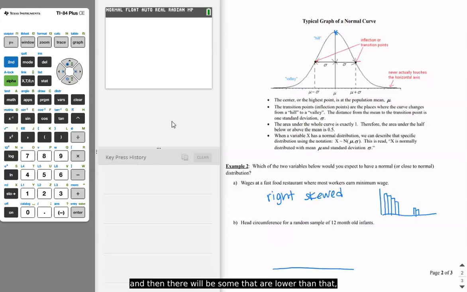And then there will be some that are lower than that, some that are higher than that. So my random sample of these head circumferences would look something like this, where you'd have that symmetric distribution, this sort of bell curve. And so we would say this would be roughly a normal distribution.